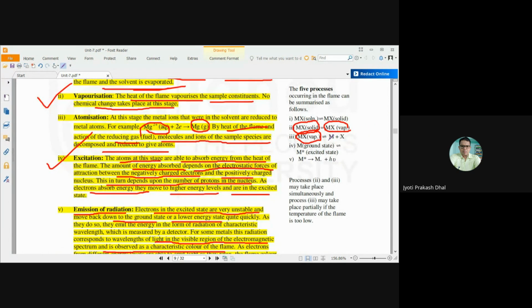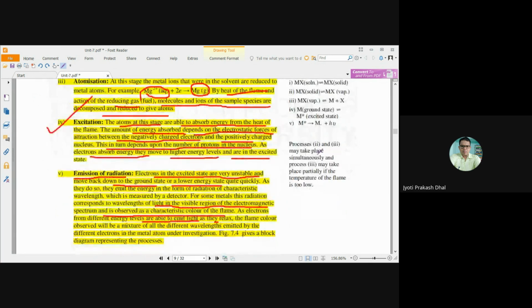So we will get here only the metal atoms in gaseous form, and after that the metal atoms in the gaseous state will absorb energy from the flame and move to the excited state, called M star. So M in the ground state is excited to M star in the excited state.